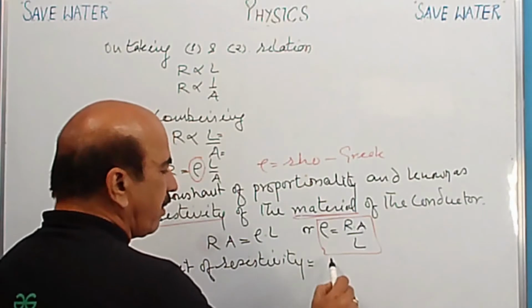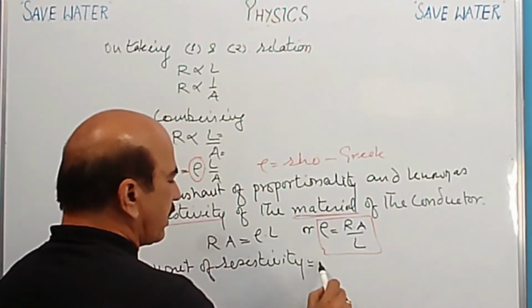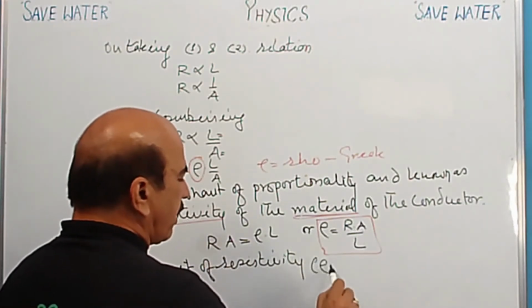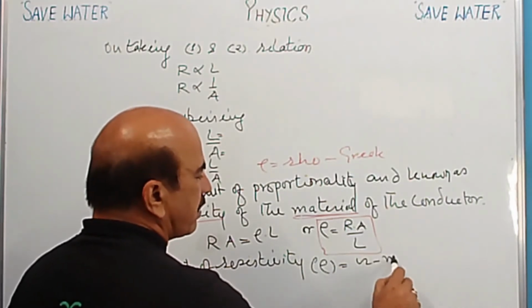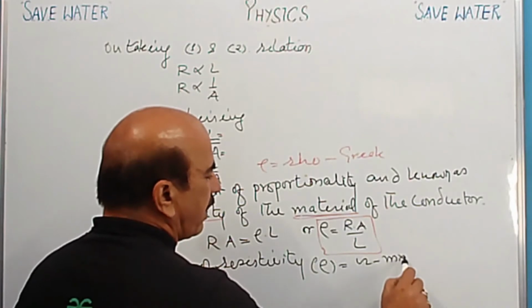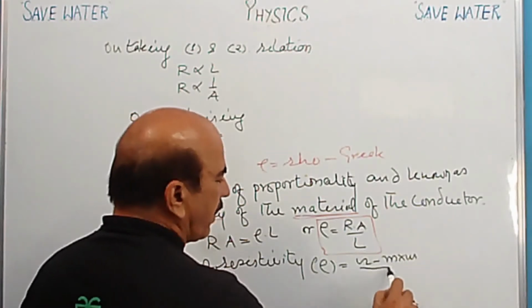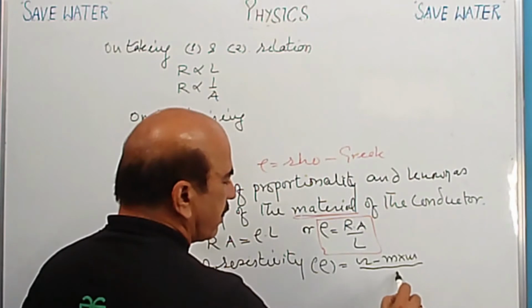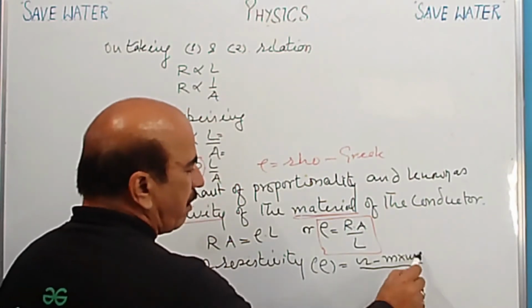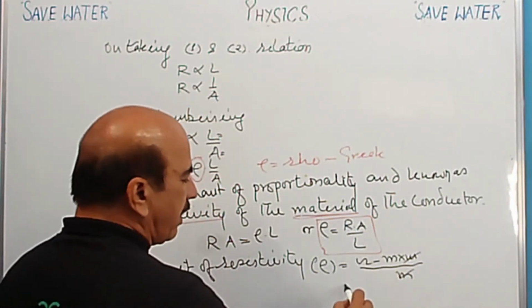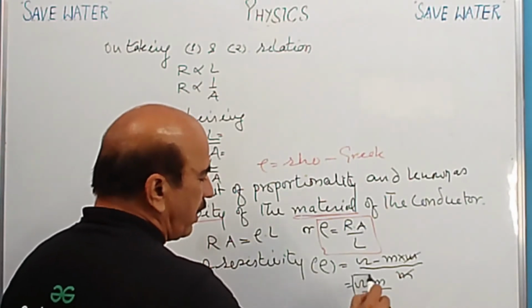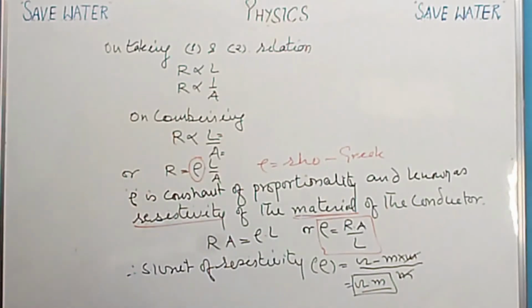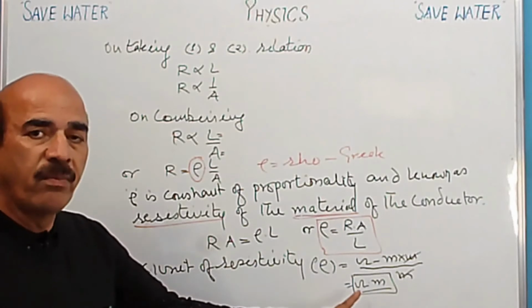See, R means ohm, area of cross section is meter square, which can be written as meter into meter, and upon length, which is meter. So here meter cancels, and we get ohm meter. The unit of resistivity is ohm meter.